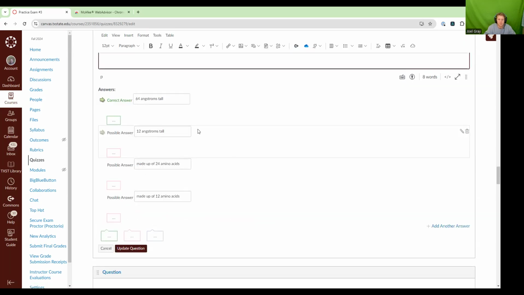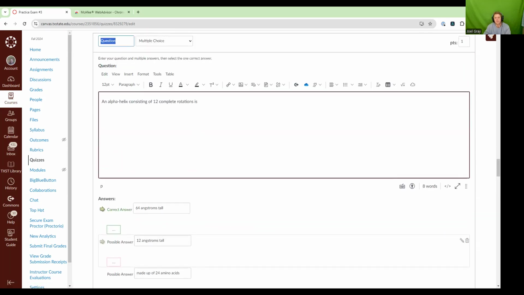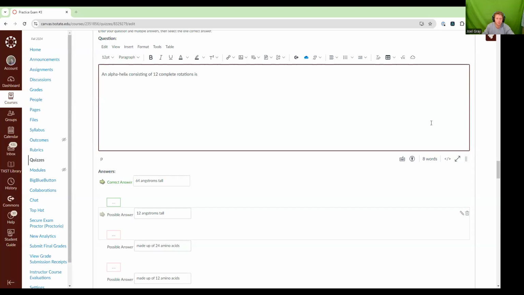Okay, the next question reads, an alpha helix consisting of 12 complete rotations is. Sorry, I had some technical issues here. I've got my piece of paper that I'm going to be working on.